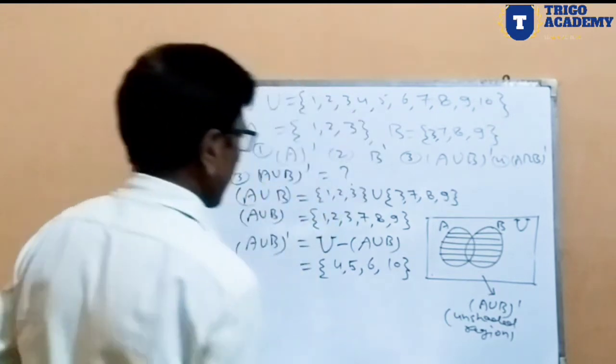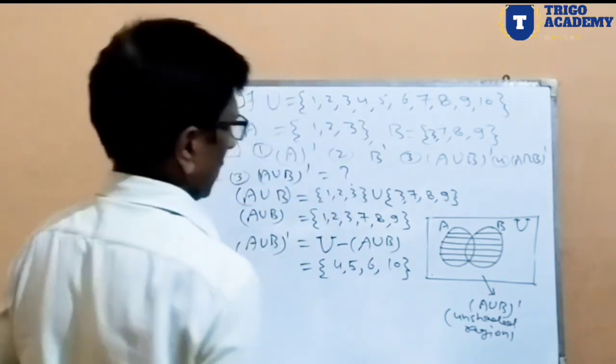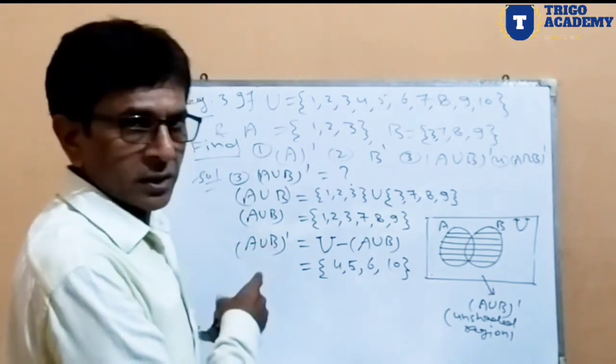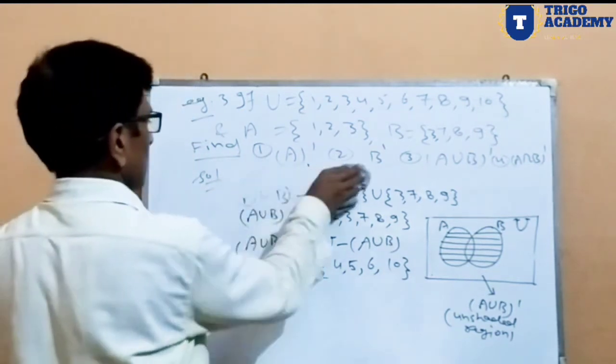Similarly, we can find (A intersection B)'. This example is clear.